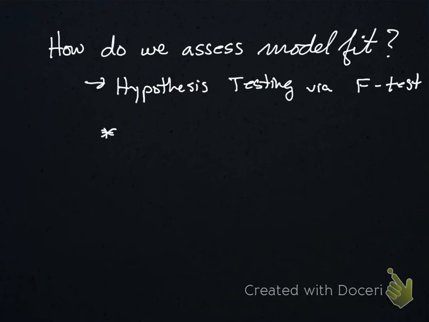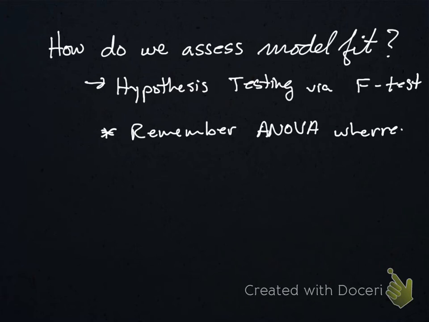So what I want you to do is remember back to a couple weeks ago and remember how our ANOVA sum of squares breaks down. Remember, in ANOVA our sum of squares total could be partitioned into two parts, where we had that sum of squares between and that sum of squares within. So sum of squares total was equal to sum of squares between plus sum of squares within. And from that, we calculated an F statistic.